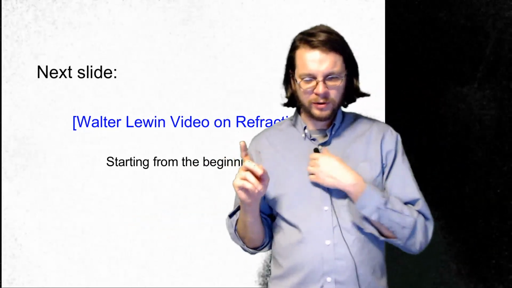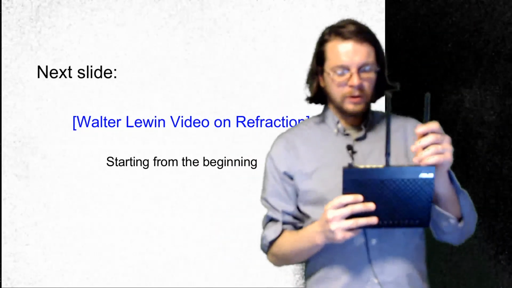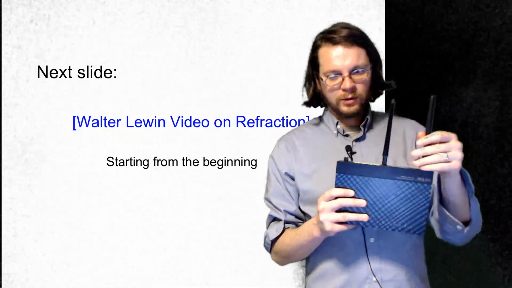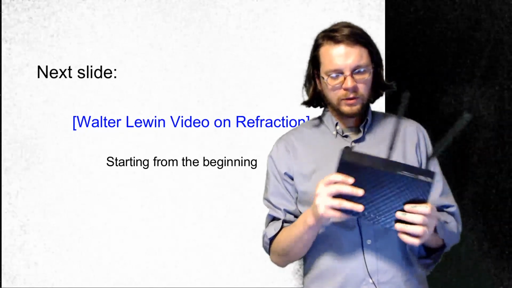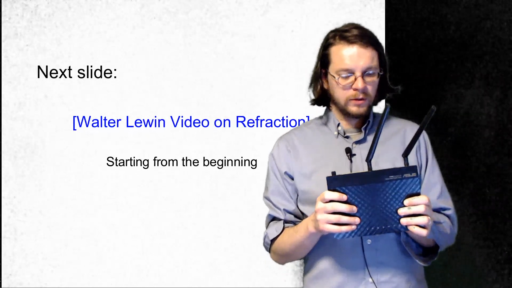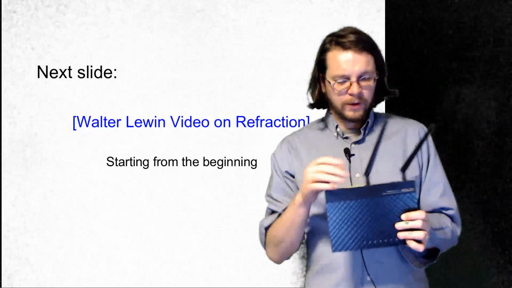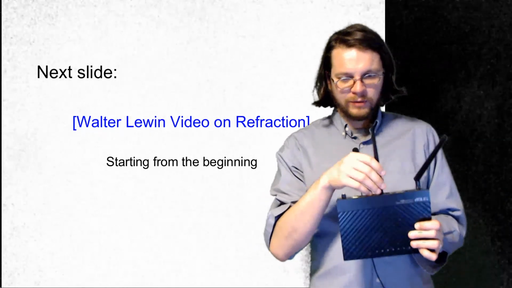Let me get my wireless router and I'll show you what it looks like. The thing about this wireless router is that we've got these antennae here. And there are a lot of wireless routers that don't have antennae on them, which is fine. What that really means is there are antennae inside of it. But you have these antennae here.